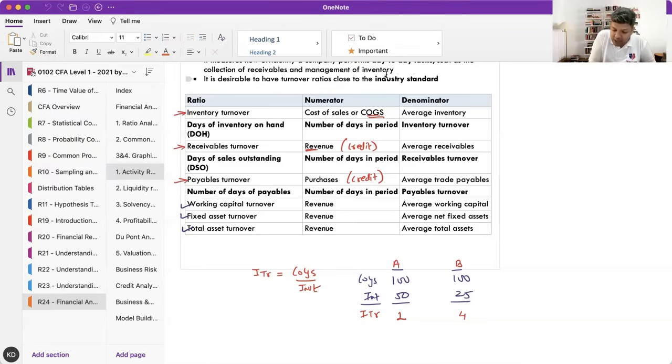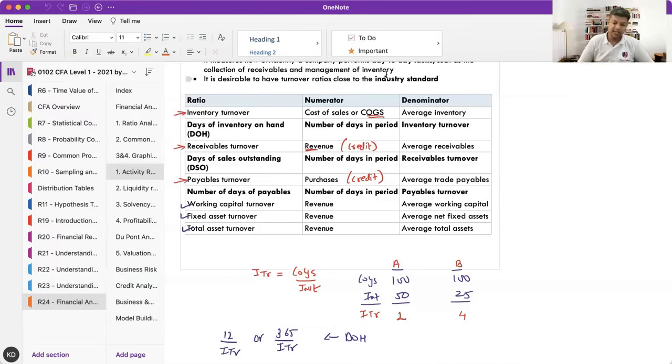If I want to see days of inventory in hand, I will just take 365 days a year, divide by the inventory turnover ratio. If you want it in months, you will do 12 over the turnover ratio. Clear? Everyone?